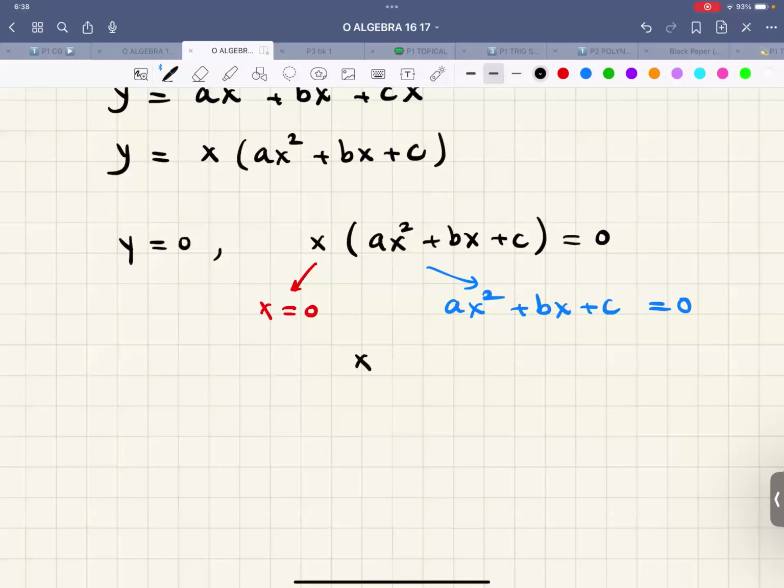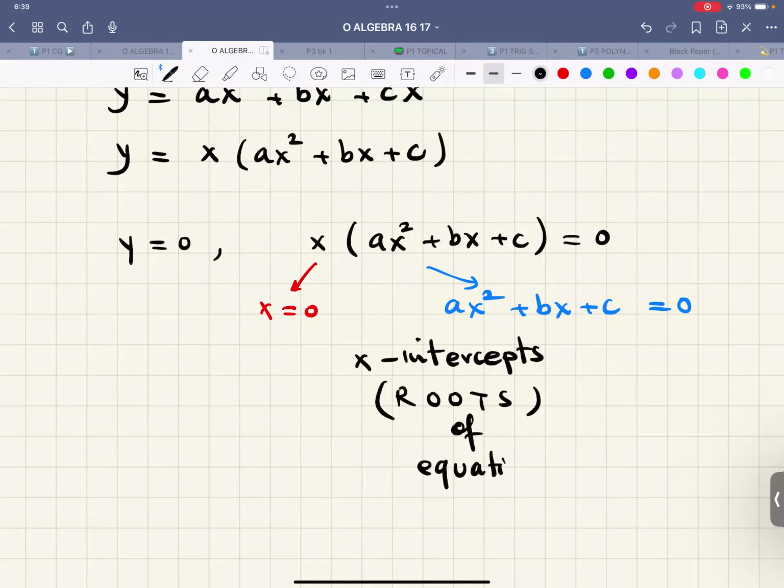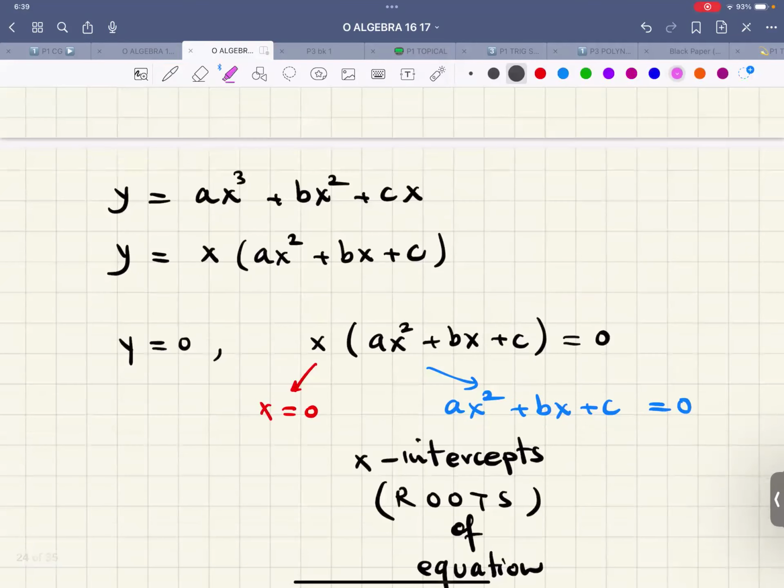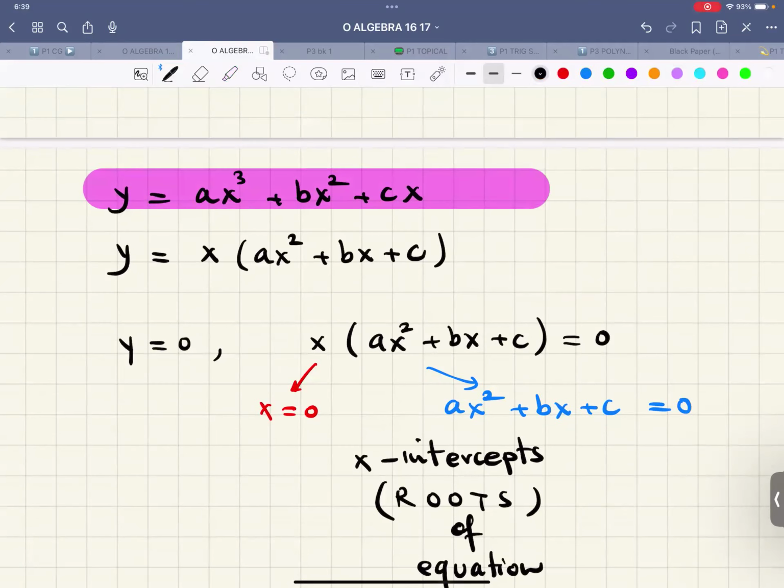And we will get the x-intercepts, and we should be aware of the terminology. X-intercepts are also known as roots of equation. So now this is the new kind that we are starting with. Y is equals to ax cube plus bx square plus cx. This is the new kind of cubic equation.